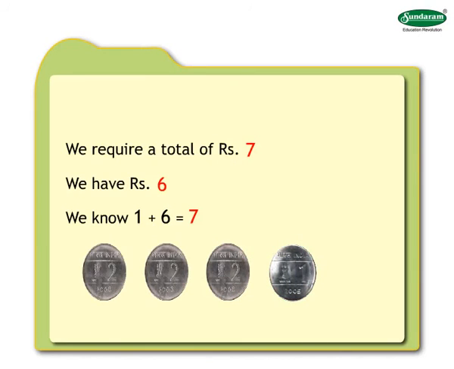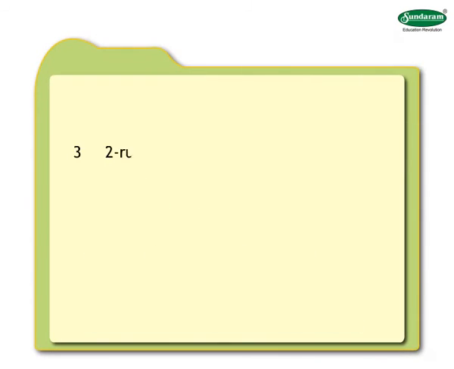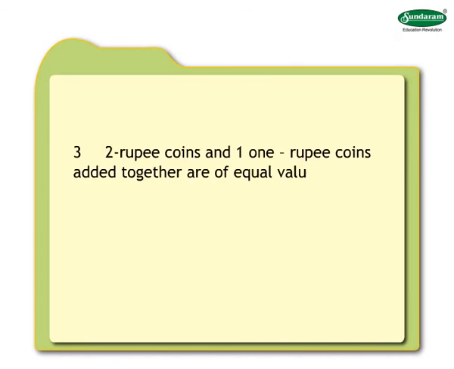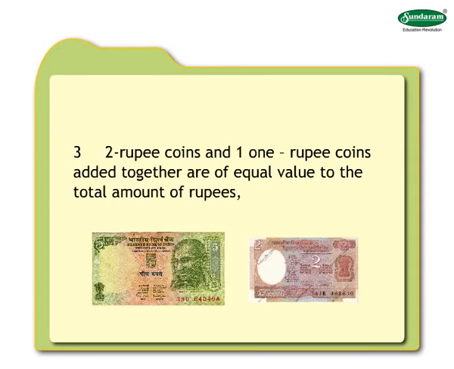Now, 2 plus 2 plus 2 plus 1 is equal to 7. We have got our required total amount. Hence, answer is 3 2 rupee coins and 1 1 rupee coin added together are of equal value to the total amount of rupees 5 note and rupees 2 note.